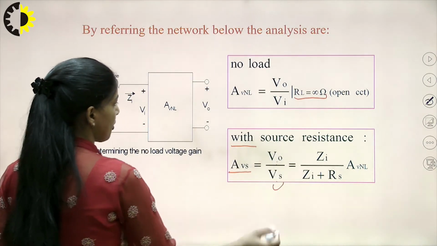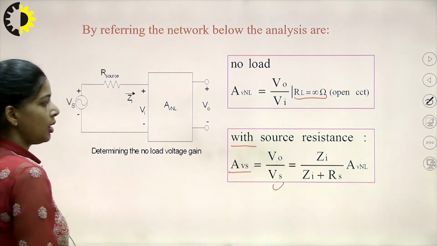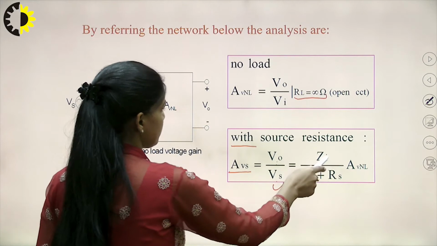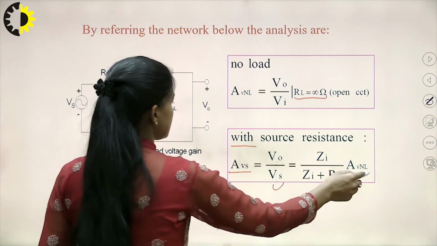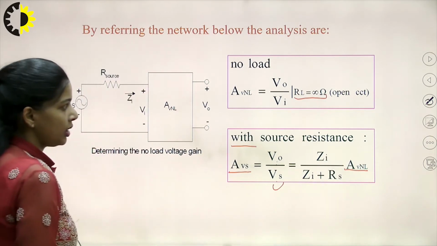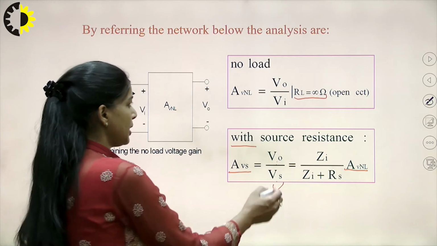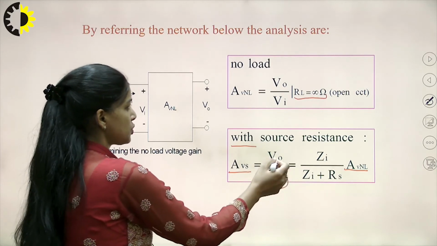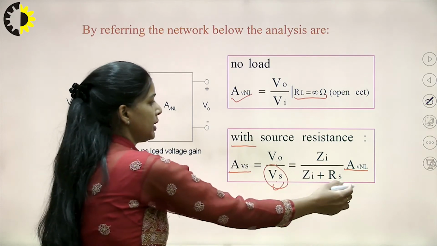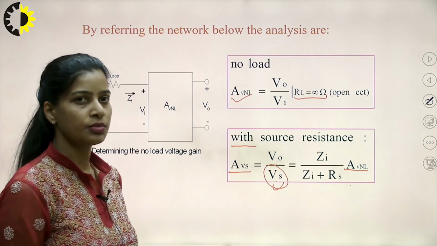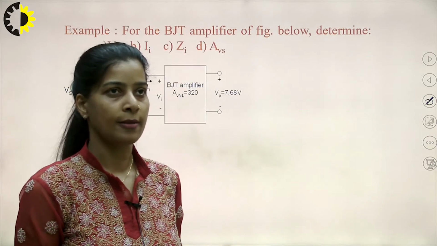We have V naught upon Vs, and with the no load condition we have V naught upon V input. V naught upon Vs we can write as Zi upon Zi plus Rs times AV no load. By replacing the value of source and V naught and utilizing this expression, we get this expression in terms of input resistance and source resistance.